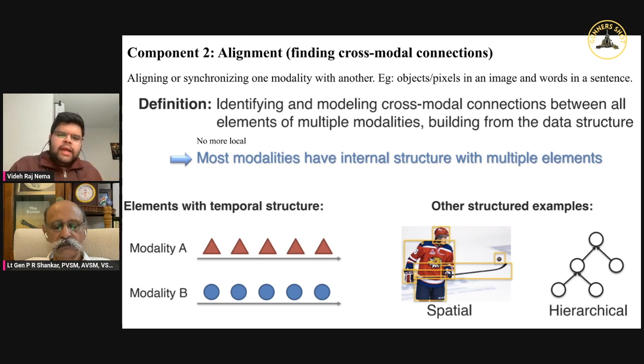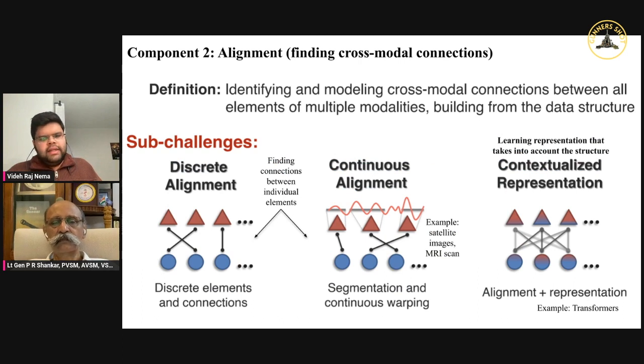So we align these bounding boxes to, for example, the phrases in a sentence. So now you are no more local. You consider all the data that you have, and there are again a lot of sub-challenges inside it.